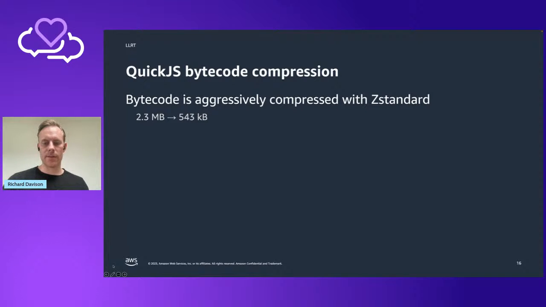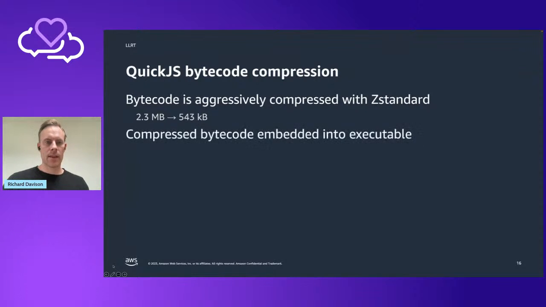So it's a massive reduction in size. And the compressed bytecode is then actually embedded inside of the executable itself. So there are no additional file reads. It's simply inside the file that you're running, inside of that bootstrap file that we saw before. And it's stored in a perfect hash function, or a perfect hash table.